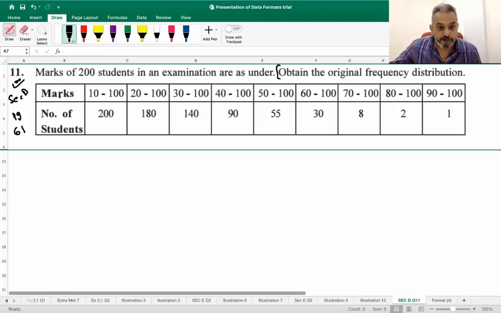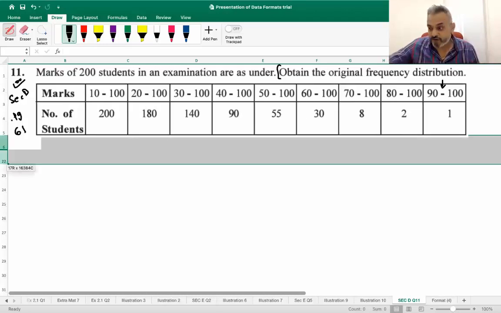So here you are given marks 10 to 100, 20 to 100, 30 to 100, 40 to 100, till 90 to 100, and number of students declining: 200, 180, 140, 90, 55, 30, 8, 2 and 1. So this is a more than type frequency distribution. We have to convert it to original frequency distribution.